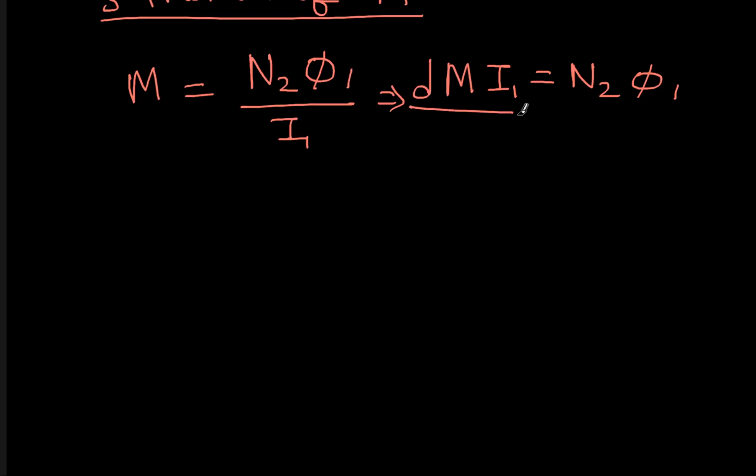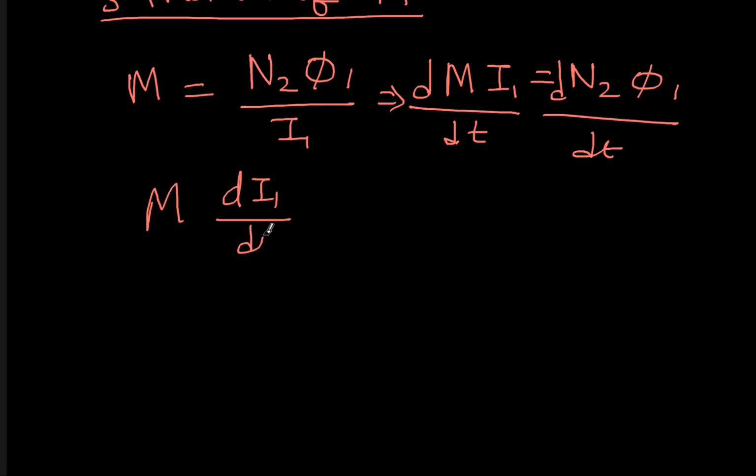M is a constant because it's a coefficient of mutual coupling. Both coils are assumed to be stationary, because we are studying statically induced EMF, so M is a constant. So I get M di1 by dt is equal to N2, which is also a constant, the number of turns in the secondary, into d phi 1 by dt.